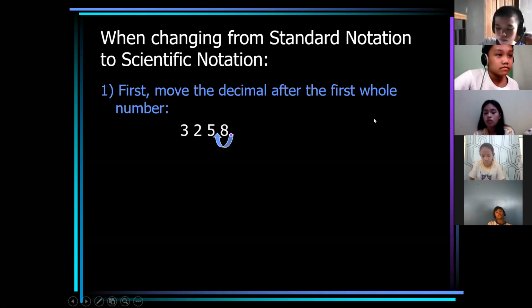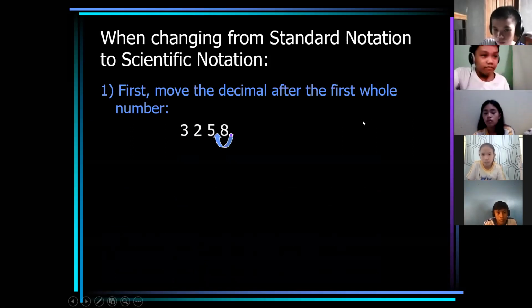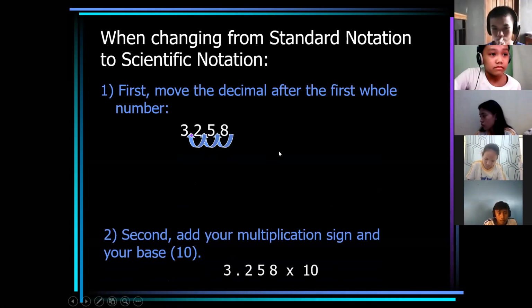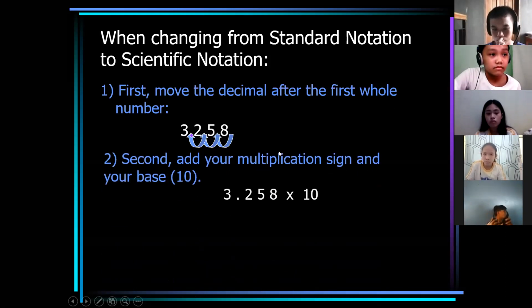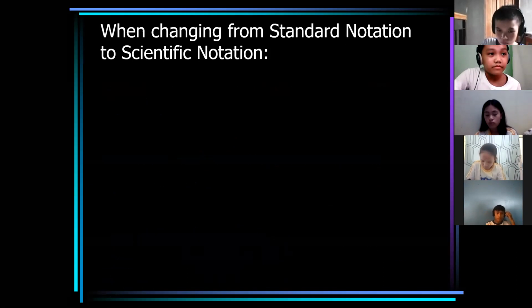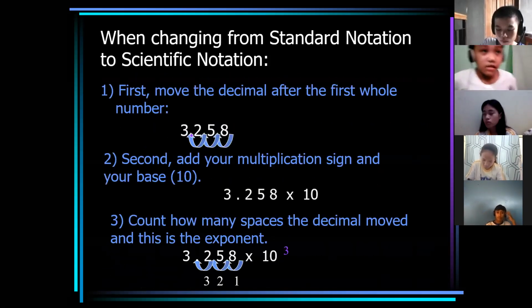So we have here 1, 2, 3. So we have now the answer. As we move the decimal point 3 times to the left, the answer would be 3.258 times 10 to the power of positive 3.